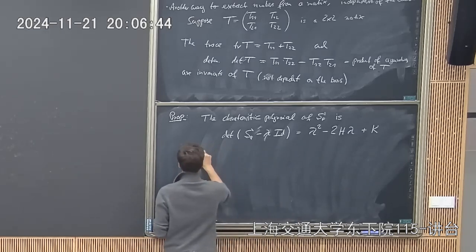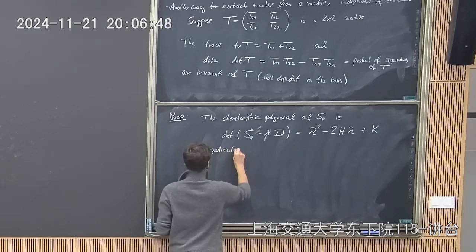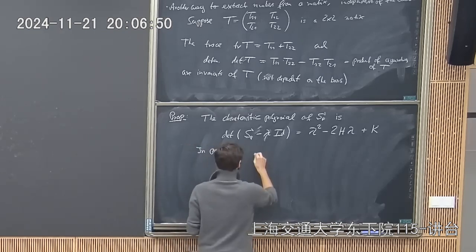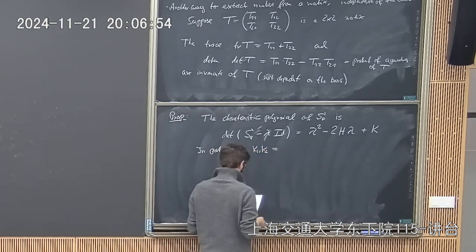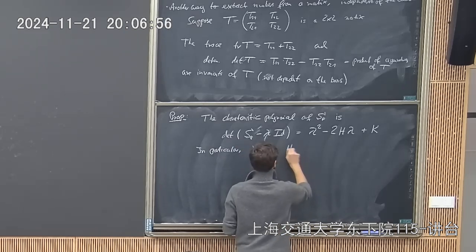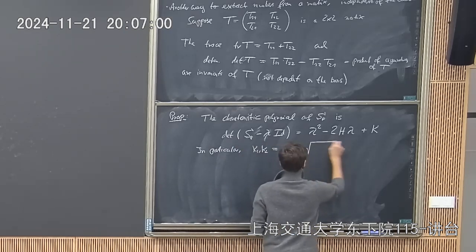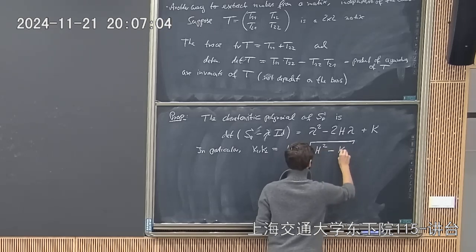And in particular, we get that kappa 1 and kappa 2, the principal curvatures, are given as h plus or minus the square root of h squared minus k.